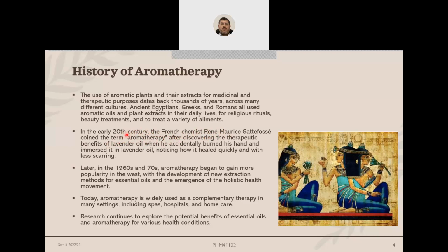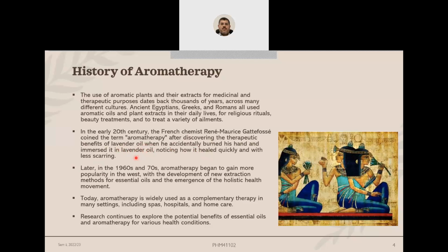He established this term. He claimed that he discovered the therapeutic benefits of lavender oil when he accidentally burned his hand and immersed it in lavender oil, noticing how it healed quickly and with less scarring. So he reported the beneficial effects of lavender oil in healing burns.